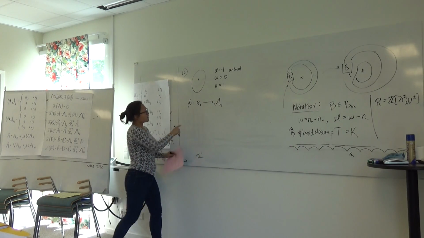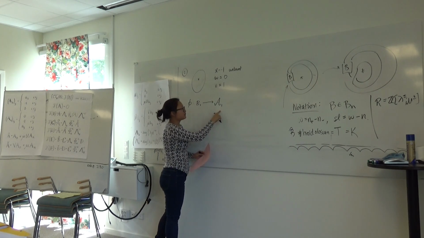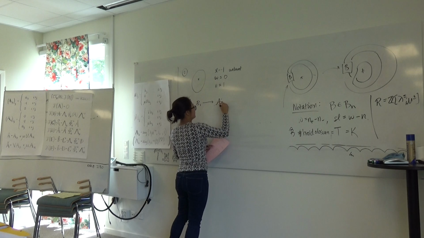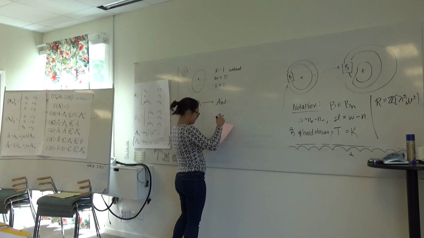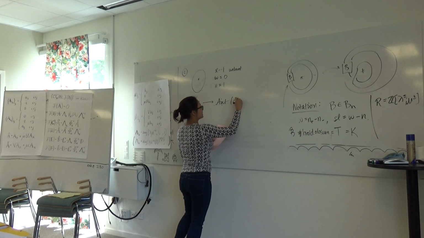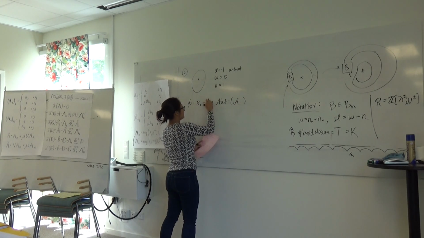We're supposed to be able to take some braid here and map it to automorphisms of the DGA.